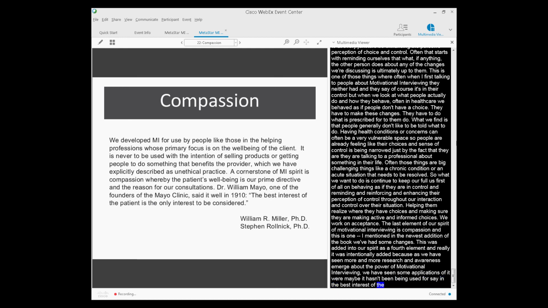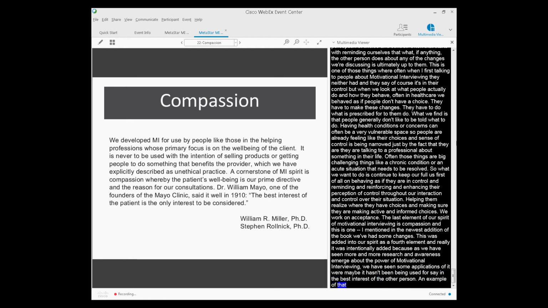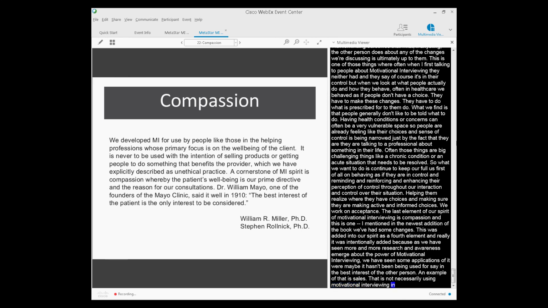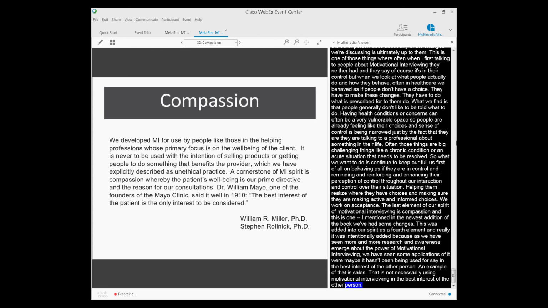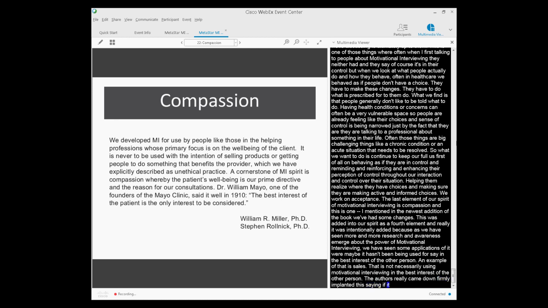Right? So that's not necessarily using motivational interviewing in the best interest of the other person. So the authors really kind of came down firmly and planted a stake in the ground saying, if it's not done with compassion, it's really not within the spirit of motivational interviewing.